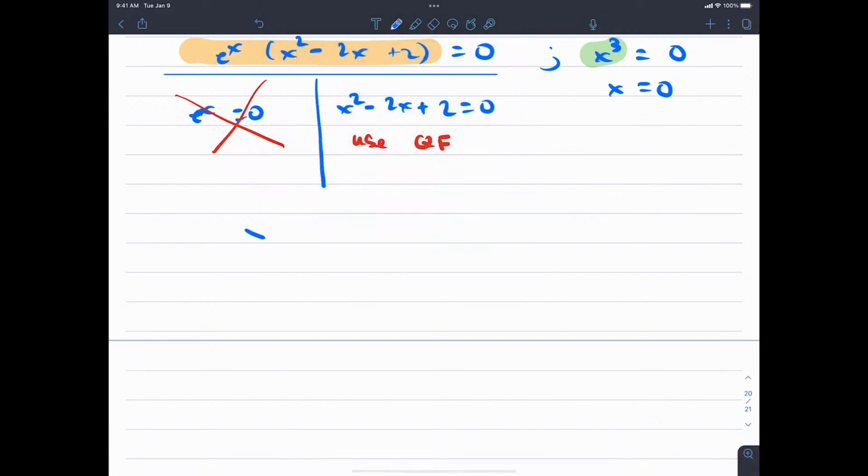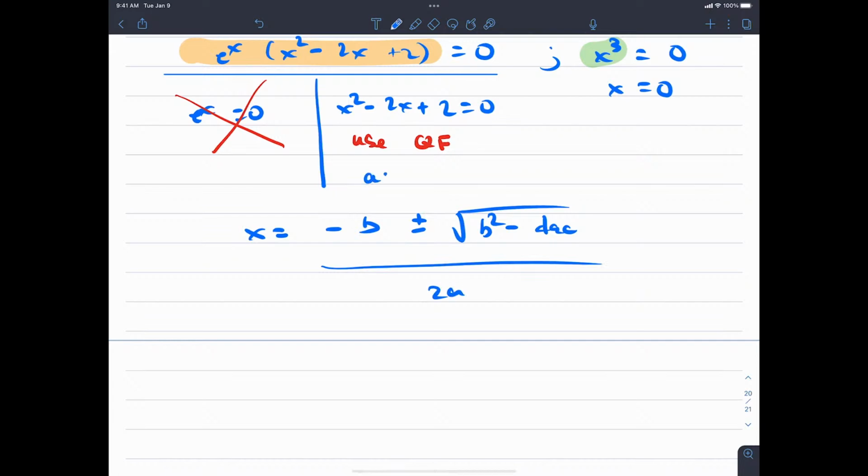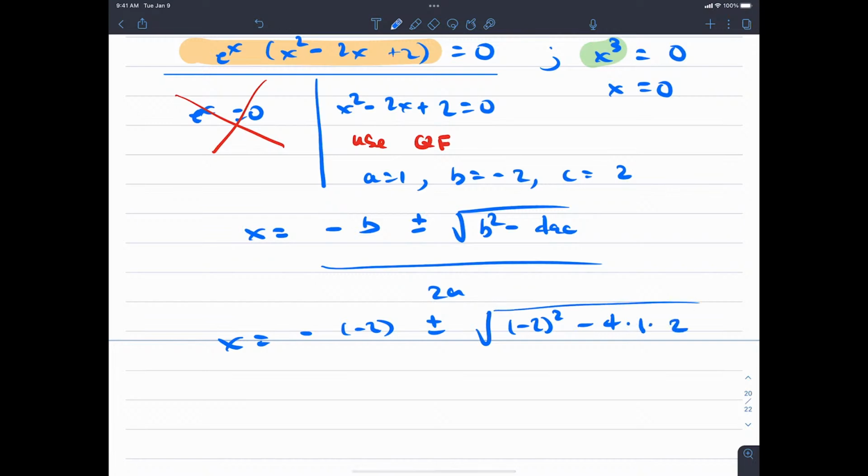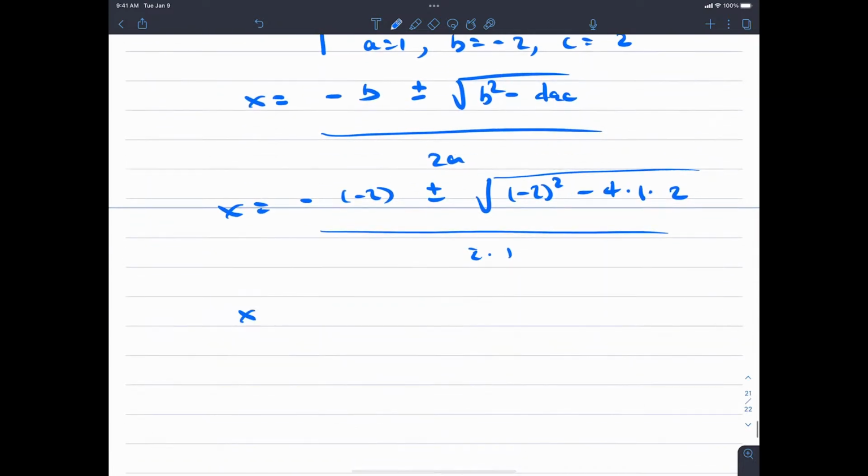Okay. So x equals negative b plus or minus square root b squared minus 4ac everything over 2a. So a is 1, b is negative 2, and c is positive 2. So negative 2 plus or minus square root negative 2 squared minus 4 times 1 times 2. Everything over 2 times 1. So x will be 2 plus or minus square root 4 minus 8.